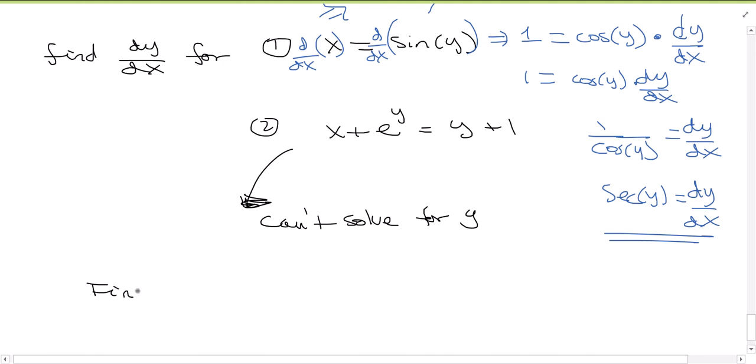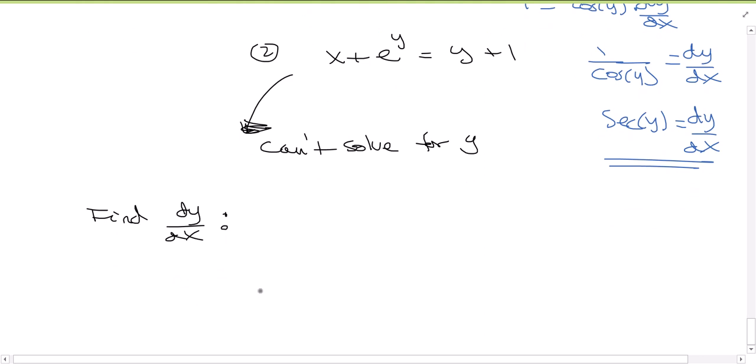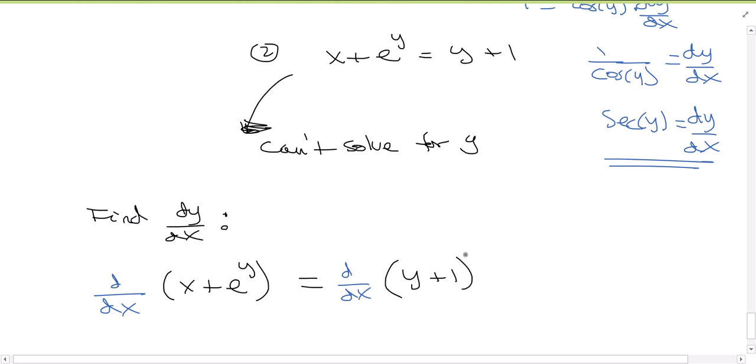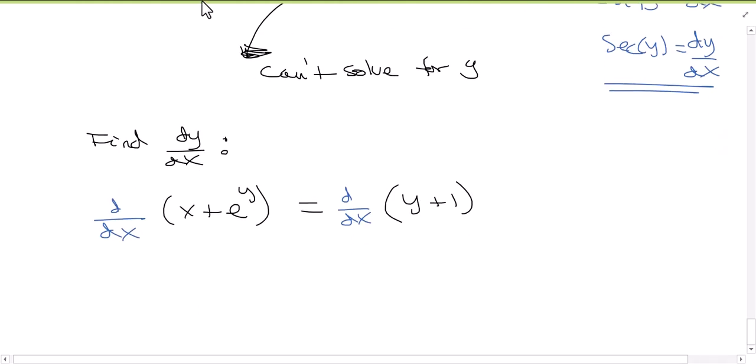So finding dy dx, take the derivative of both sides. So I'm going to have d dx of the left side, x plus e to the y, equals, and I'm going to take the derivative with respect to x also of the right side. And so what's the derivative? So here I'm going to do some extra steps.